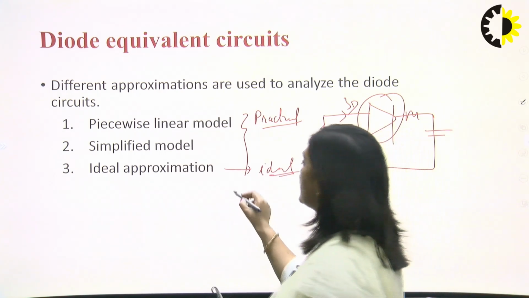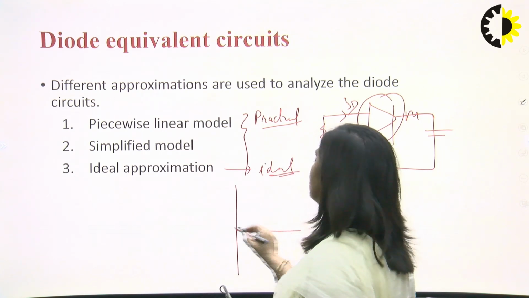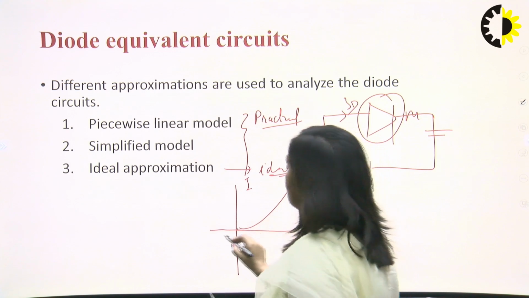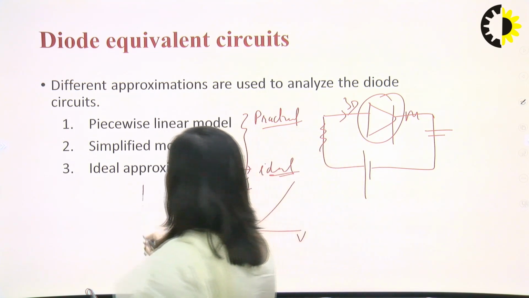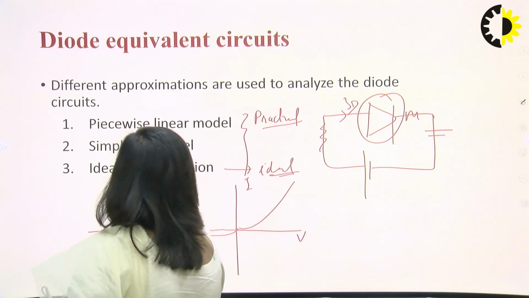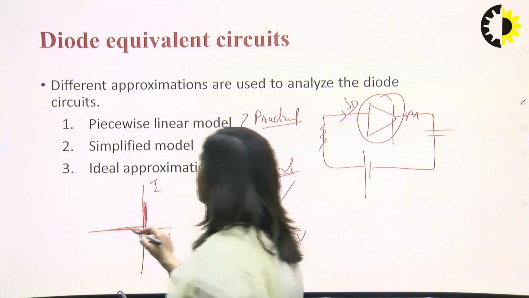As we know, in a PN junction diode the VI characteristic curve is like this, and for the ideal diode it is like this, because in the ideal diode the cut-in voltage Vk, the knee voltage, is 0.